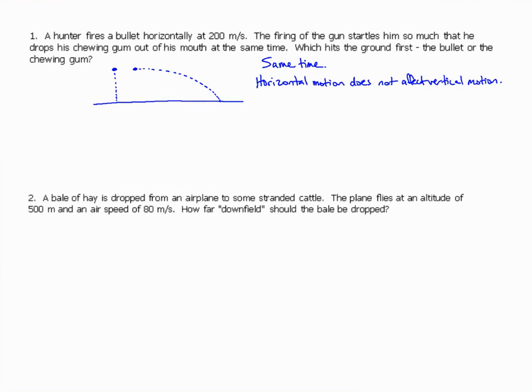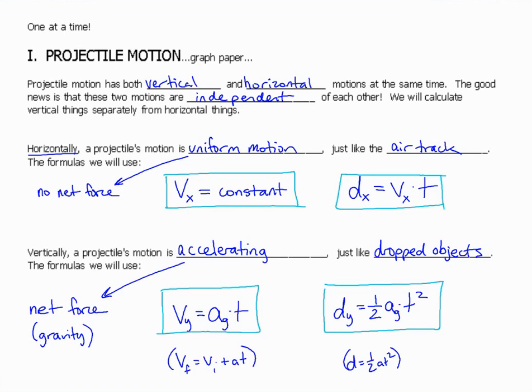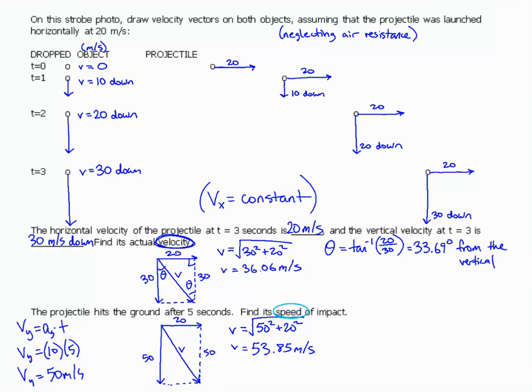And if you want, we can look back a few pages. Here it is. If you look at this dropped object, it is falling with a constant acceleration. It's going 0, then it's going 10 down, then 20 down, then 30 down. If you look at this projectile, yes, it starts with a horizontal velocity, and it continues to move horizontally, but its downward velocity is 0, then it's 10 down, then it's 20 down, and then it's 30 down.